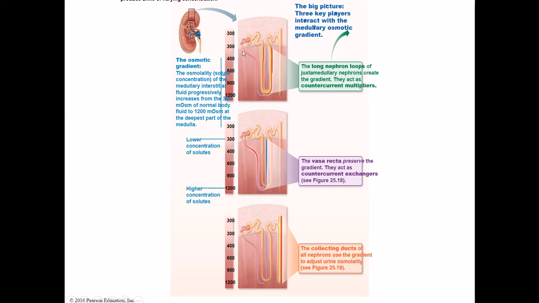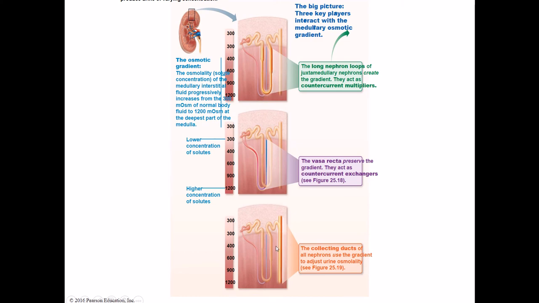That allows the concentration of the interstitial fluid to be multiplied from 300 to 1200. The vasa recta is the countercurrent exchanger. Again, countercurrent because the blood flows down and then up with a pretty equal amount of exchange of salt and water, so it basically doesn't undo the multiplication that was done up here.